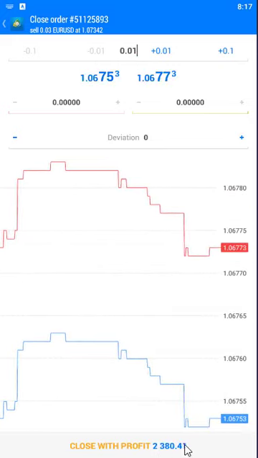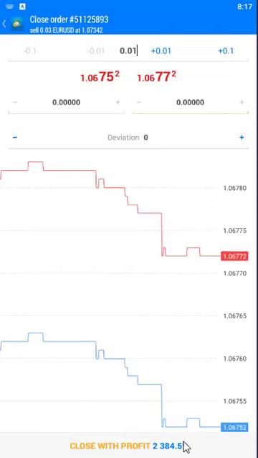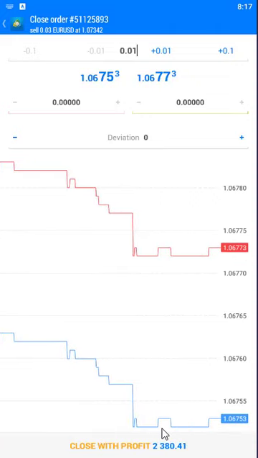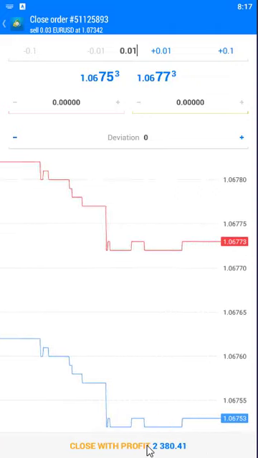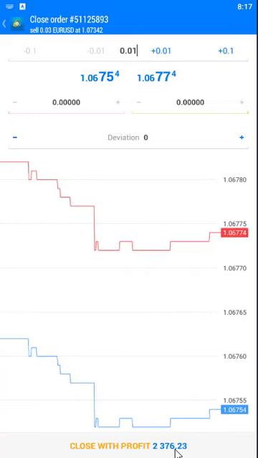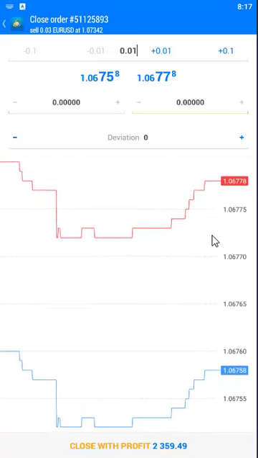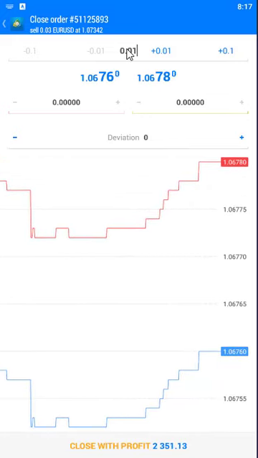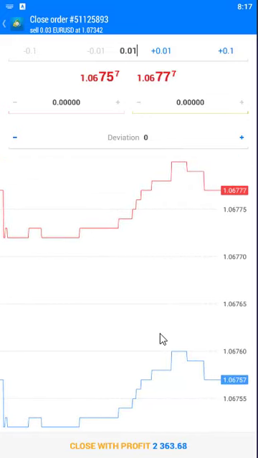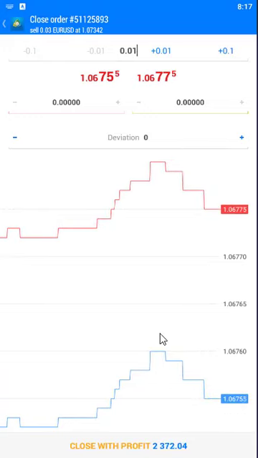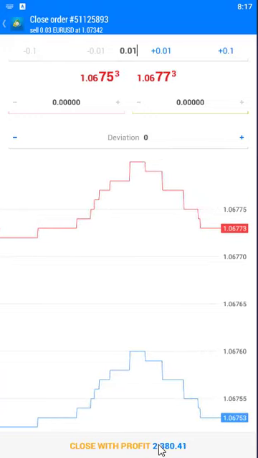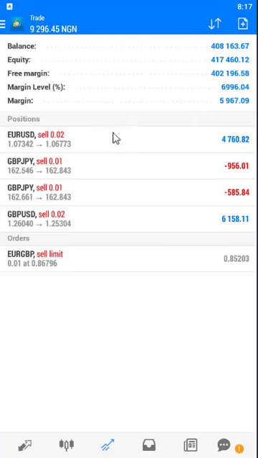So our 7,000 has been divided into 3, giving us somewhere around 2,300. So if I click here, I'm only closing 0.01 out of my original position of 0.03. I can go ahead and click close, so you can see the close order is closed.